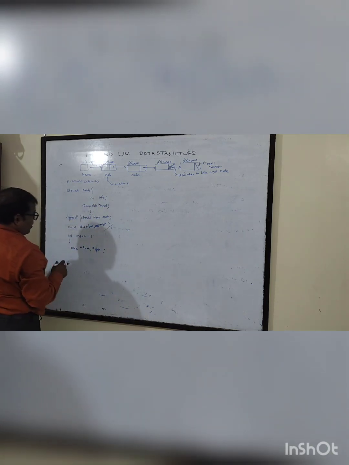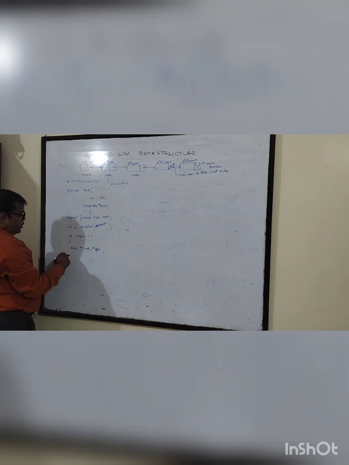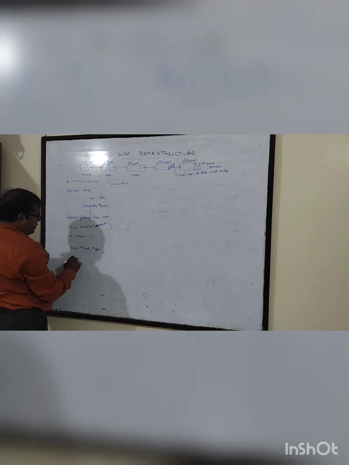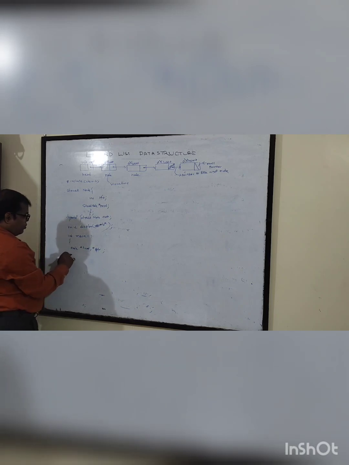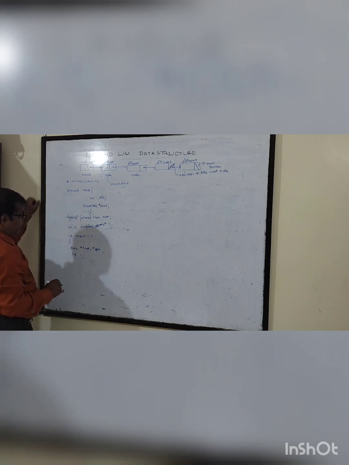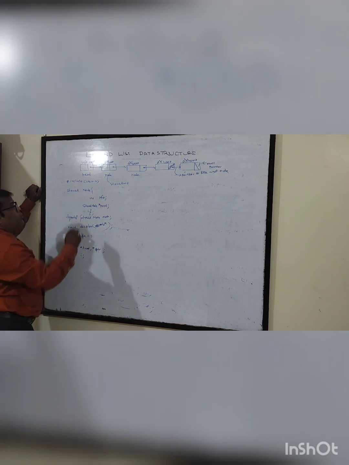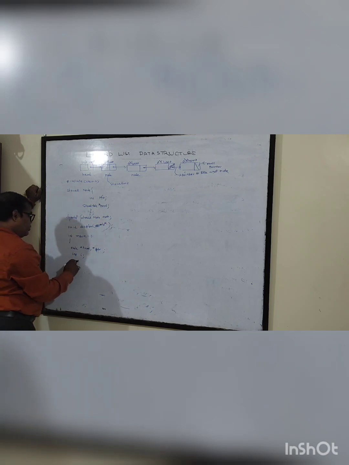So the basic knowledge behind this particular programming is, now what is our idea? First of all, this is a variable declaration, integer. As I told you, you create the head node first.